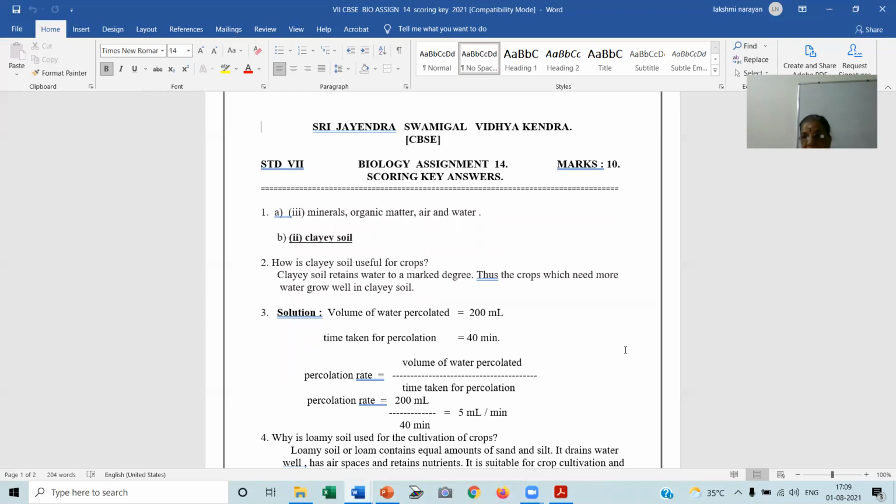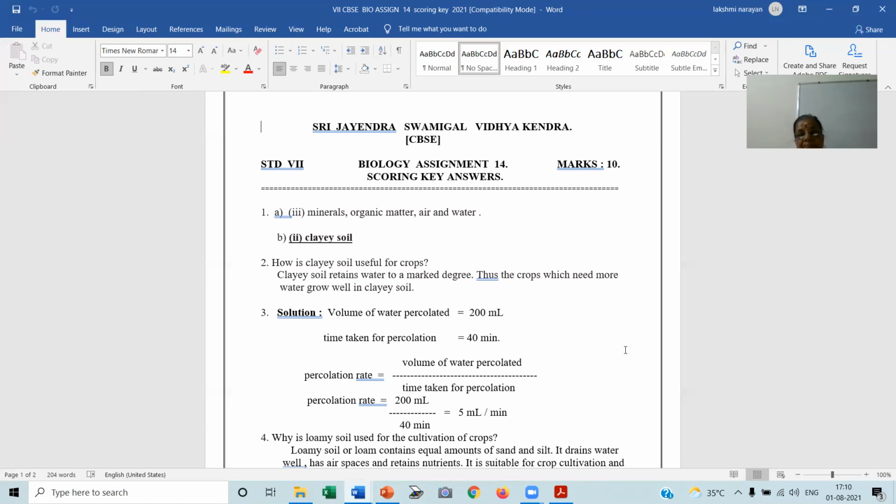Example, paddy. Okay. So clay soil retains water to a marked degree. Thus, crops which need water grow well in clay soil.